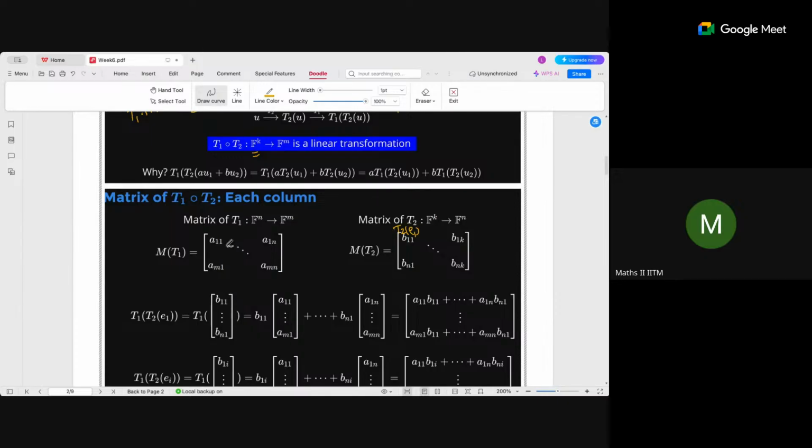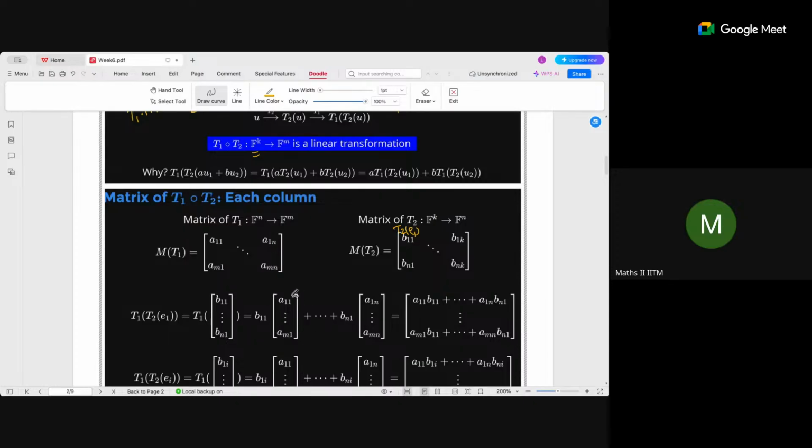Now T1 of this vector: this is the matrix representation of T1, and this is your vector here. So how do you obtain this? You simply multiply M of T1 with this vector and you get this, right? So you see that this is B11 times, what is this?